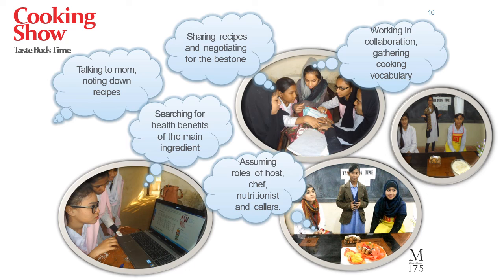Then, if they have to include more or improve the information, for example, they can search on the net for the health benefits of the main ingredient. Then assuming roles of health care, nutritional, and color. Then they have to apply or show this knowledge. And then finally, they assume the product and share it with the rest of the students.